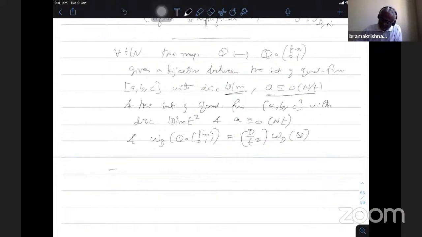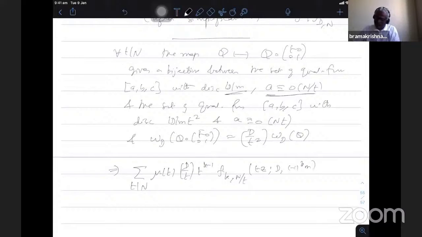This observation gives you that when I take the sum over all divisors t of n, mu of t, d by t, t power k minus 1, f_{k,n/t}, t is a d minus 1 for km. Summing this over all divisors of n is the same as taking the sum over all divisors of n, mu of t, d by t, t power k minus 1, f_{k,nt}, t is a d minus 1 for km t square.